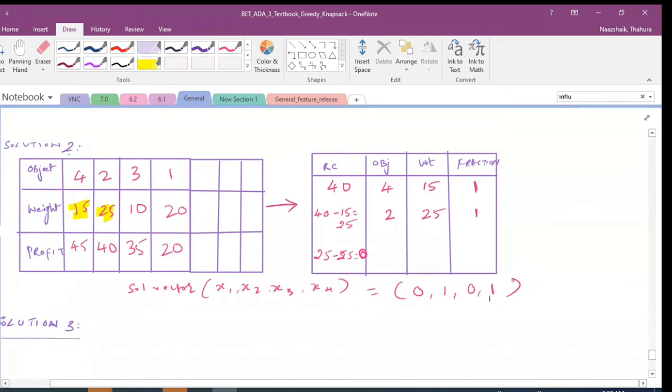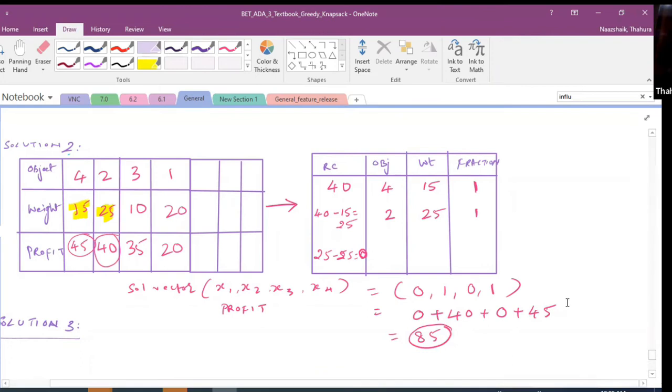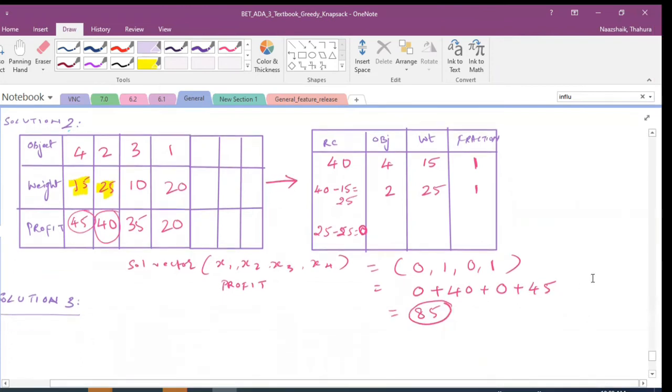So with this, what is the profit? 0 anyways, we don't take. This was your second object. So your profit was 40. This we don't take. Then your fourth object, your profit was 45. Right? I got 85. You all got the same answer? Yes, ma'am. Perfect. Very good.